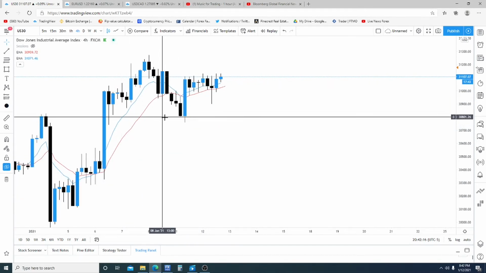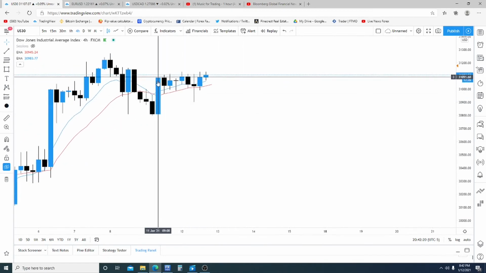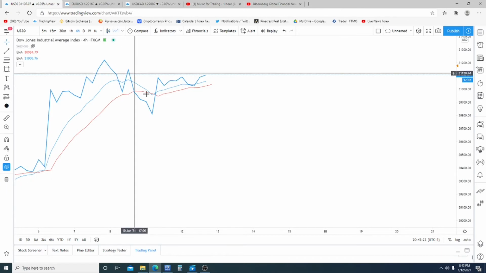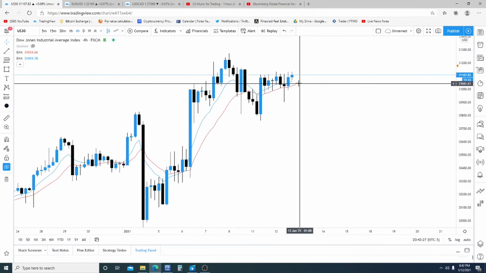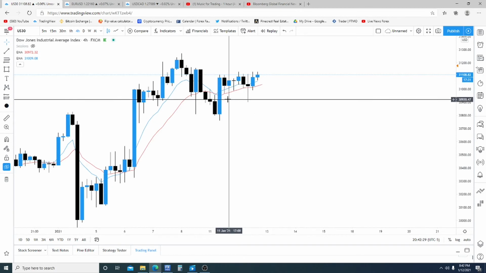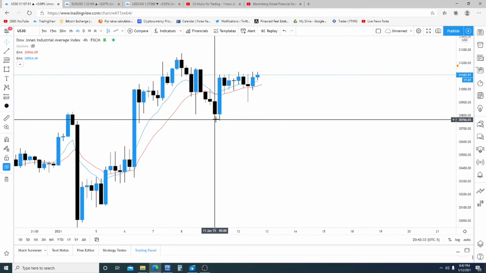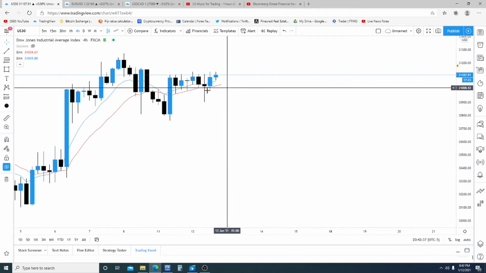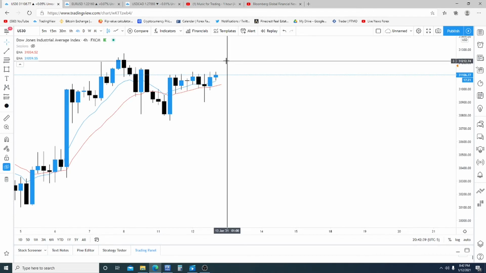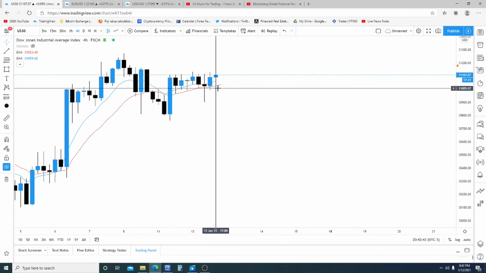After breaking this low, it made a low, but as you can see, it engulfed, and it also gave us sort of a cross, a signal that it can probably move a little bit higher. Price has been consolidating after this engulfment. This might be a continuation to the upside.